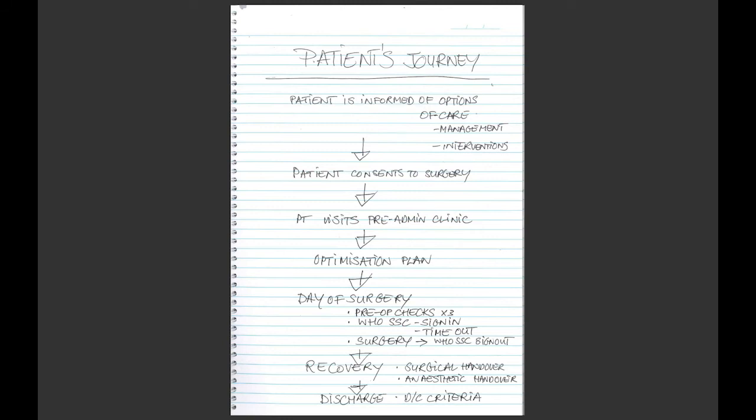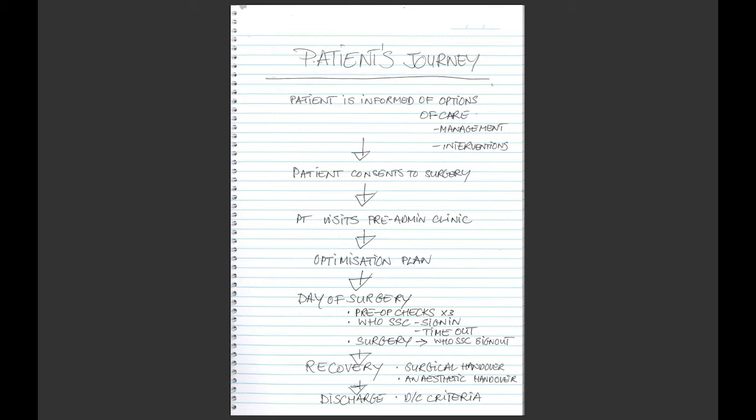Now let's have a look at the patient's journey, and this is a good framework so you can understand the flow of the lectures. So if a patient is diagnosed with disease, they need to be informed by a medical doctor in the specialty of their injury or disease on what their options are.